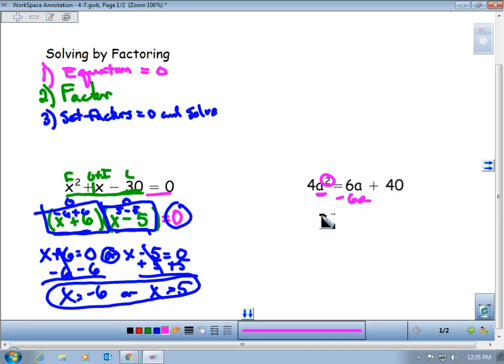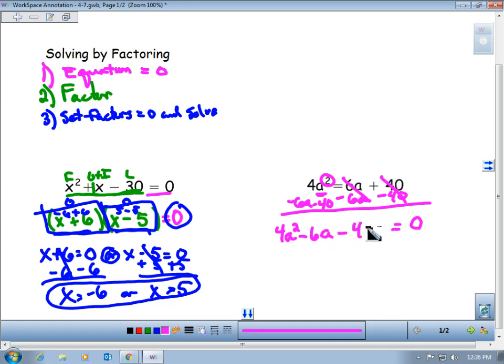I'm going to move the 6a over, and I'm going to move the 40 over. And I know that's a little bit more work, but believe me, in the long run, it's going to be easier, because if that first term, as far as degree, is negative, it makes it much more difficult to factor.